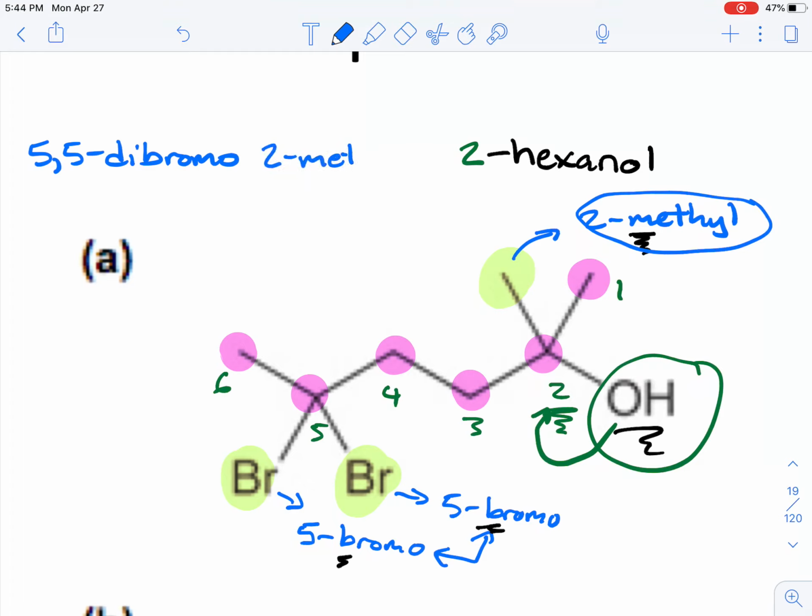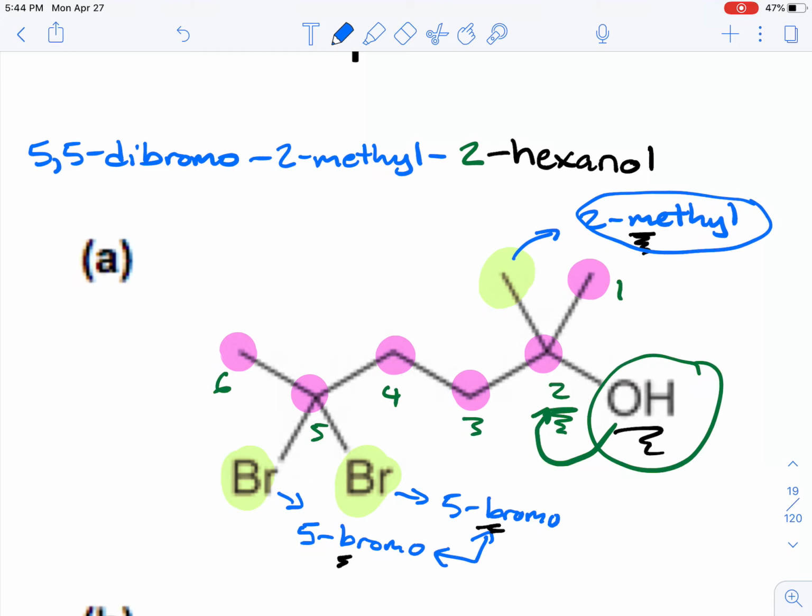To make sure my grammar is correct for naming this organic compound, I'm going to put a dash between the letter and the number.